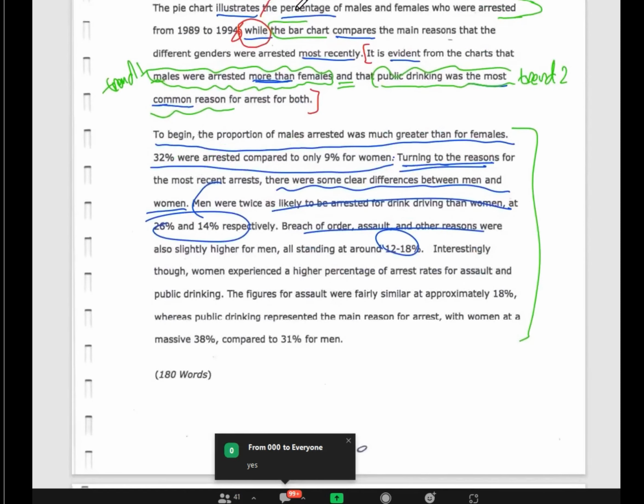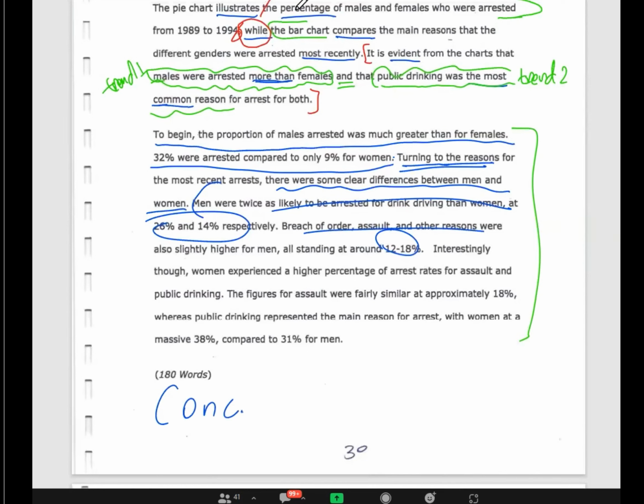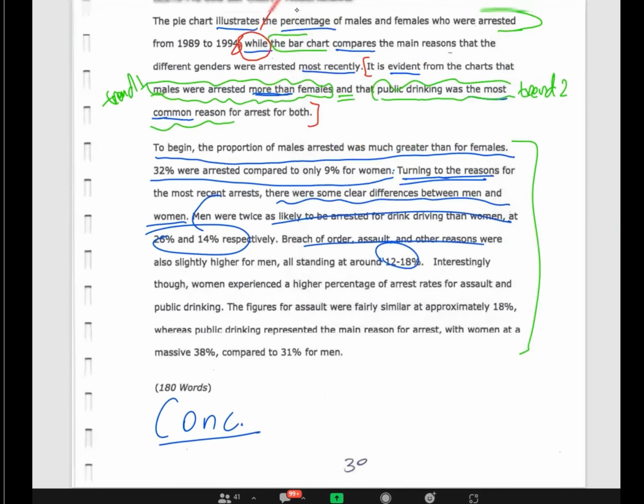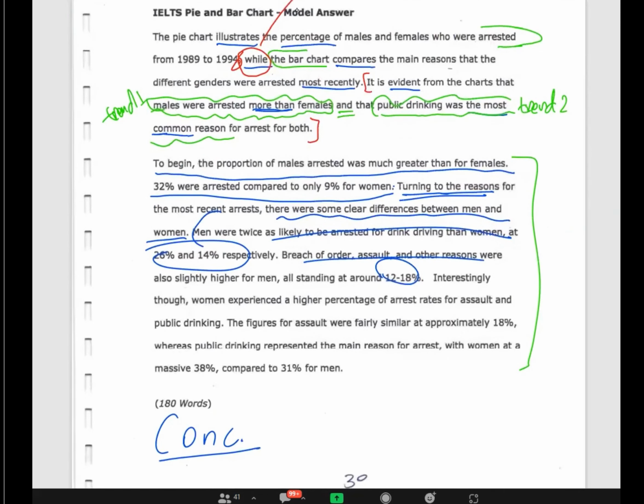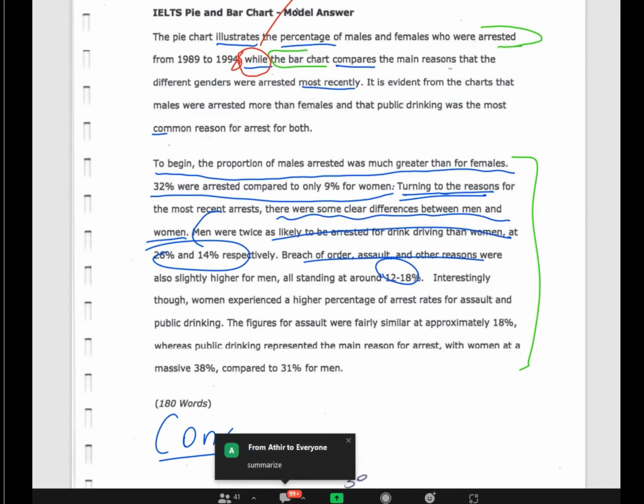Now, this is my advice: if we need to have a conclusion here, what will we write in the conclusion? I always advise my students to have a conclusion. What will be in the conclusion? Summarize or paraphrase the overview sentence. Very good.